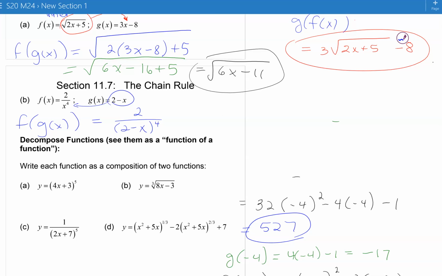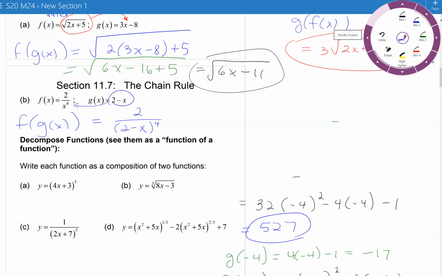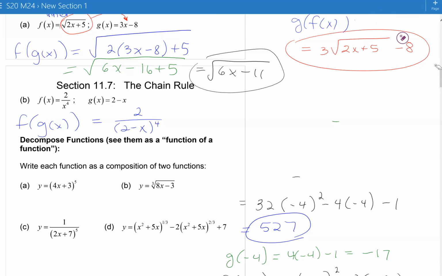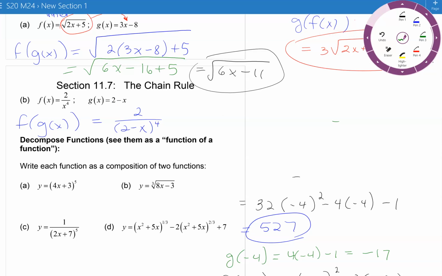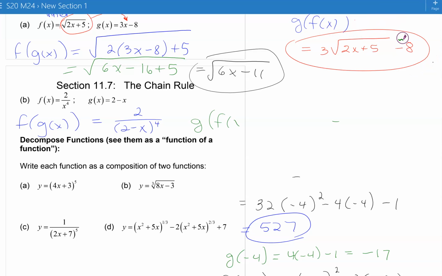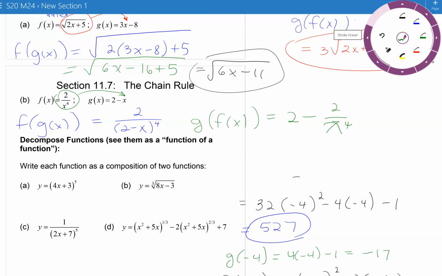There's no reason to, okay? So then let's do it the other way around and say we are also going to find g of f of x, and look and see that f is the inside function. So that says put f inside g. So that's going to be 2 minus 2 over x to the 4th.